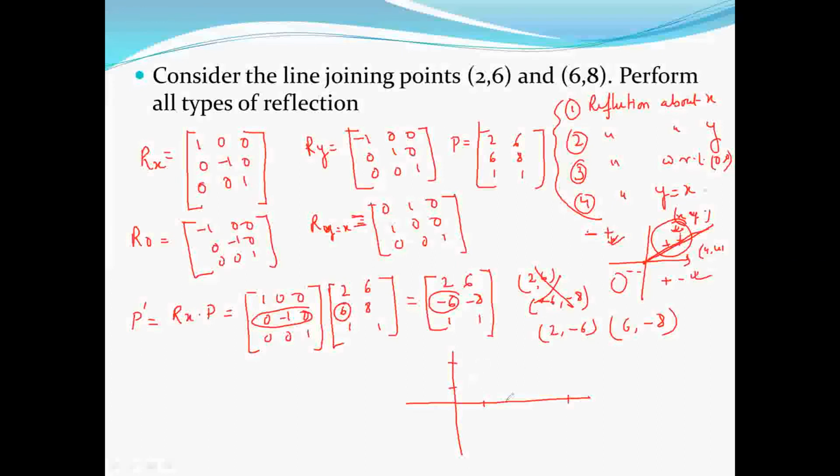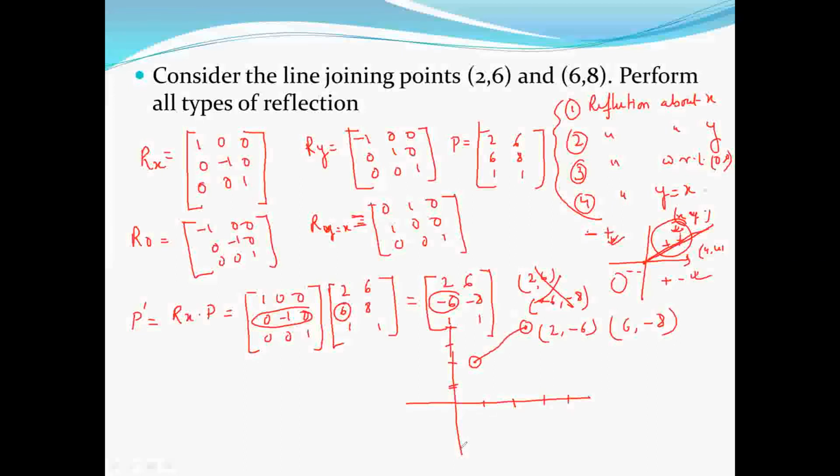So first point is 2, 6. This is the first point, and second point is 6, 8. Fine. So this is 2, this is 4, this is 6. So here it will increase. This is 2, this is 4, this is 6, this is 8. So 6, 8 will be somewhere like here. So the line segment is this one.